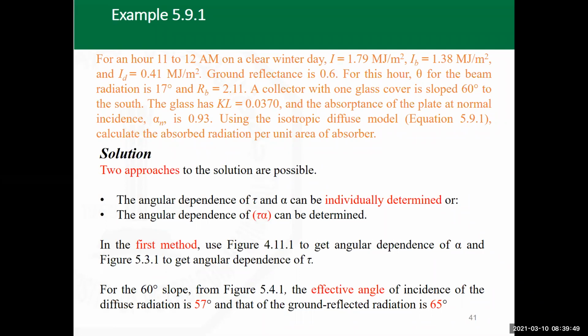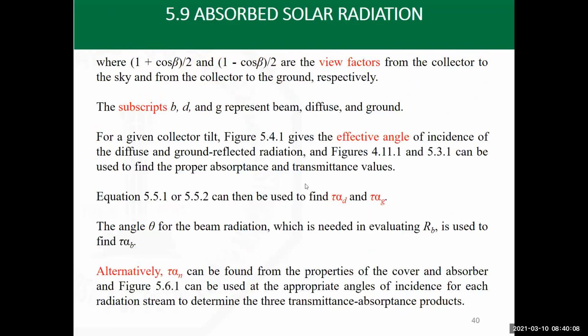The absorptance of the plate at normal incidence, alpha n, is 0.93. Now we are requested to use the isotropic diffuse model, given by equation 5.9.1, to calculate the absorbed radiation per unit area of the absorber.